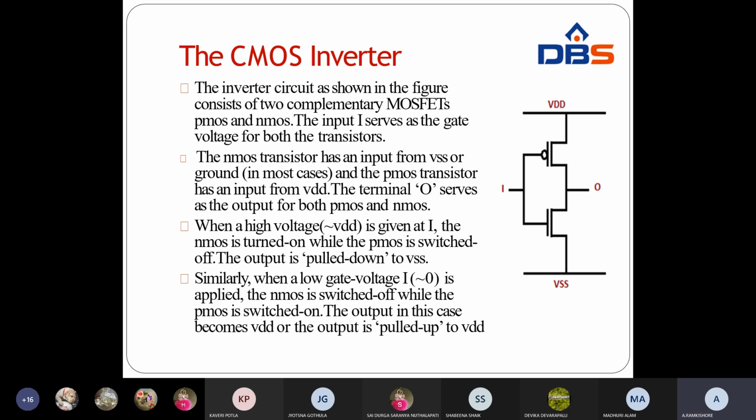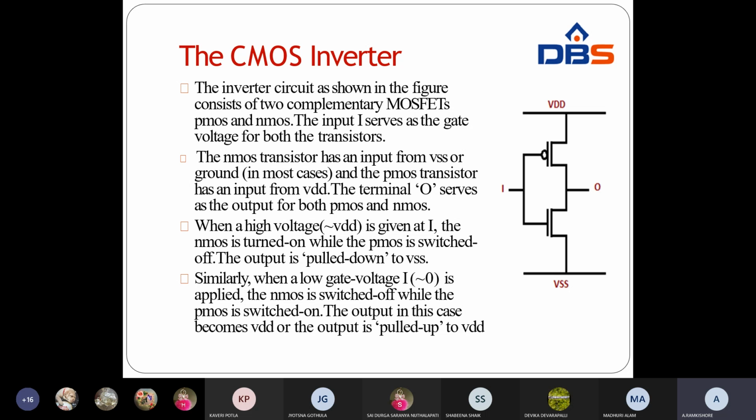So it satisfies a simple inverter operation. That's why you can call it a CMOS inverter. When we apply input 0, the output is high, and when the input is high, the output is low.